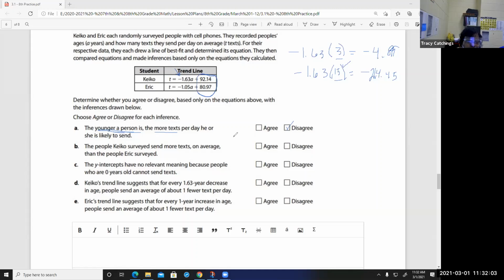All right, B says the people Kiko surveyed send more texts on average than the people Eric surveyed. All right, once again, I don't know. Somebody give us a number for A. How much? 6? 7? All right, substitute it in for both equations. We're gonna try it with the second one.